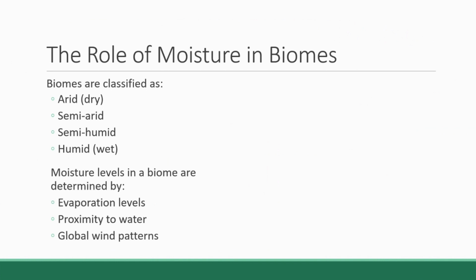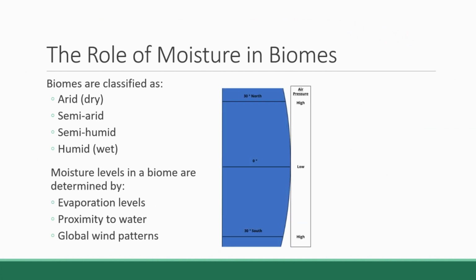For example, you may remember when we touched on Hadley cells back in our chapter about atmosphere and air pollution. The Hadley cell is a well-defined convection cell which takes place between the equator and 30 degrees north and south latitudes. It's brought about by the fact that the regions around the equator get more direct sunlight.